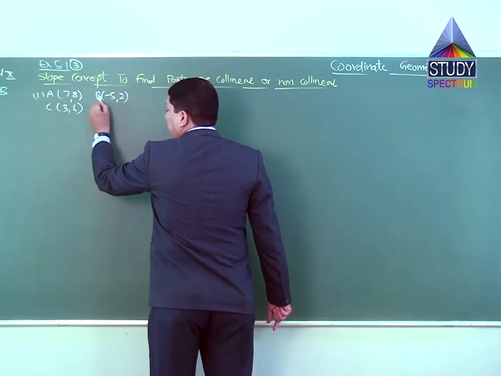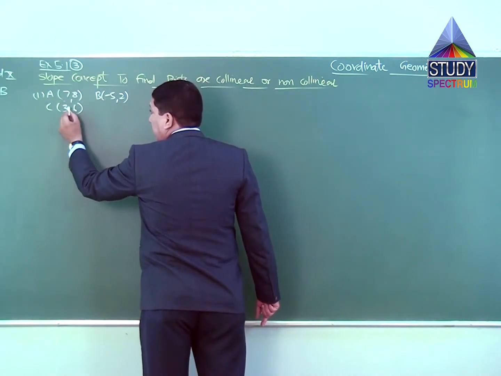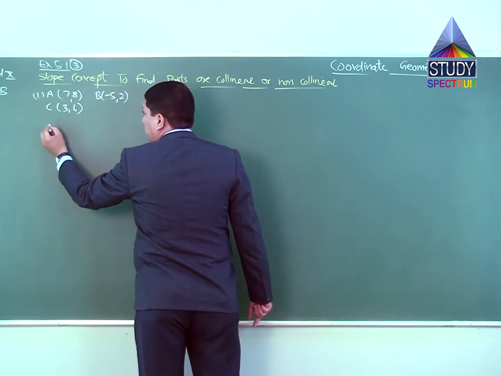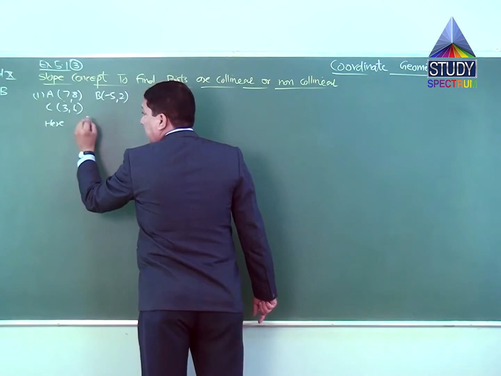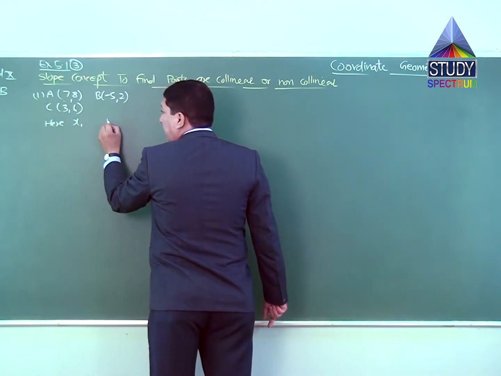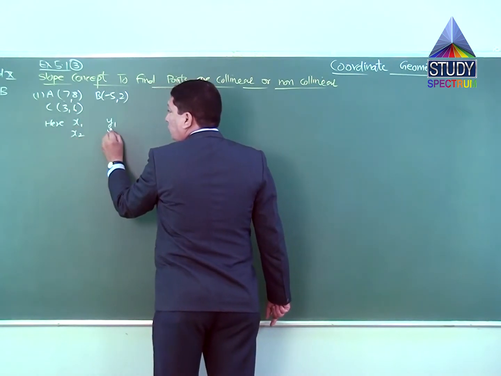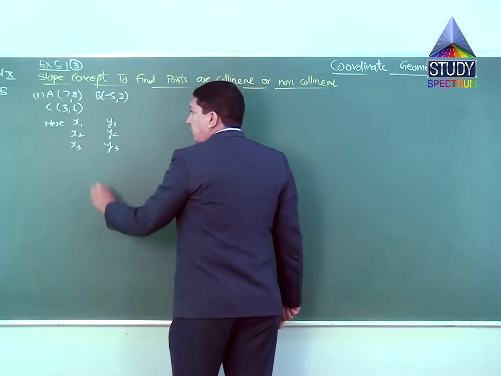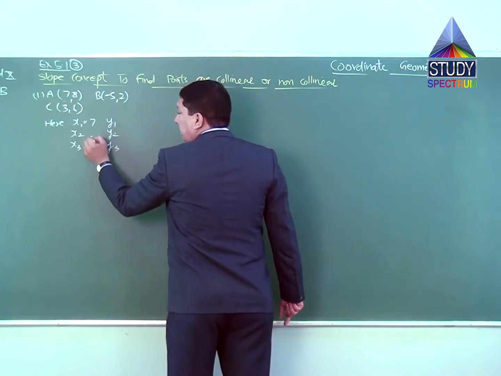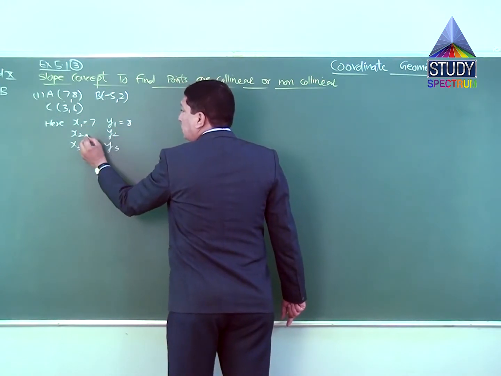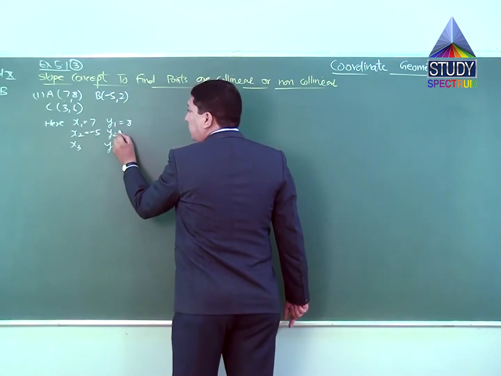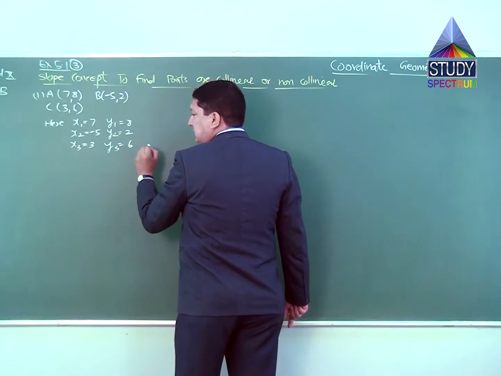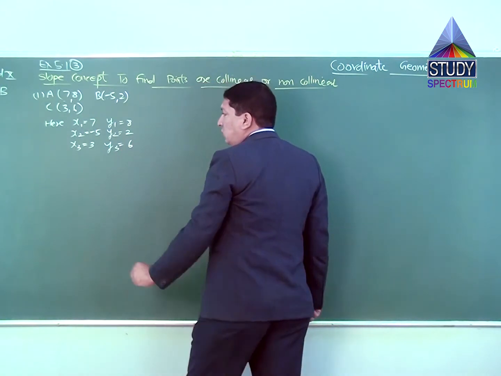So for AB, I'll take the values of x1, y1. We'll start this way: x1, y1, x2, y2, x3, y3. We'll take all values. Here, x1 is 7, y1 is 8, x2 is minus 5, y2 is 2, x3 is 3, y3 is 6. So we'll find out the slope of AB.